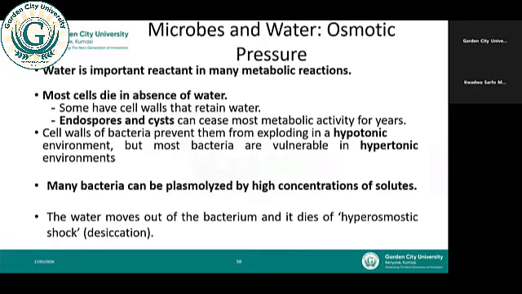There will be movement of water from the environment that has a high concentration of water to the inside. So the cell begins to expand. Bacterial cells have the cell wall and the cell membrane. The cell membrane begins to expand until it reaches the elastic limit. And if water continues to move inside the cell, then the cell will burst.